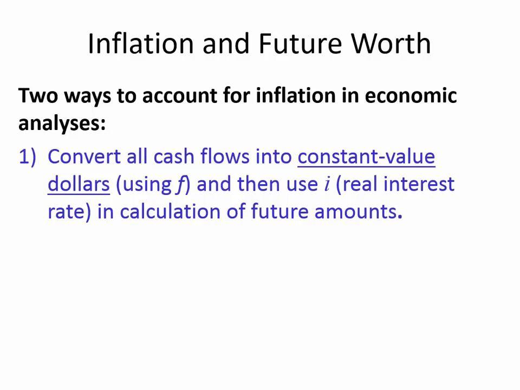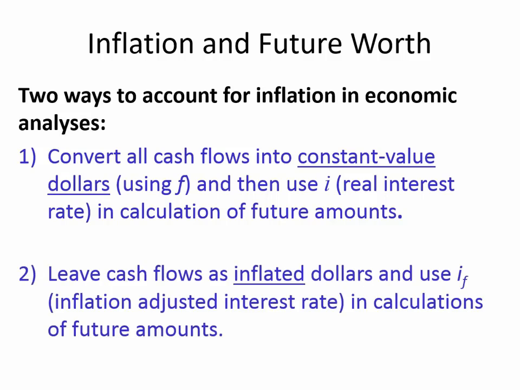And so constant value dollars are when you are trying to relate the value of something in the future to the value of something in the present. You can discount all of the money to a certain time frame using the inflation rate F, and then you solve the rest of the problem using the real interest rate. Or you can leave the cash flows as inflated dollars.